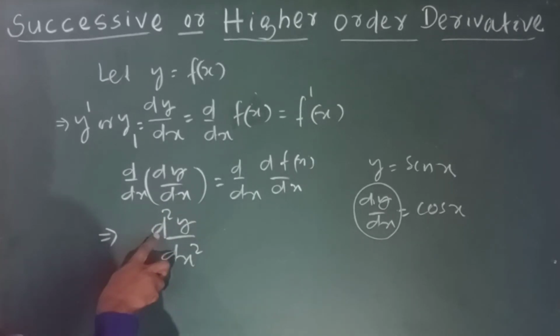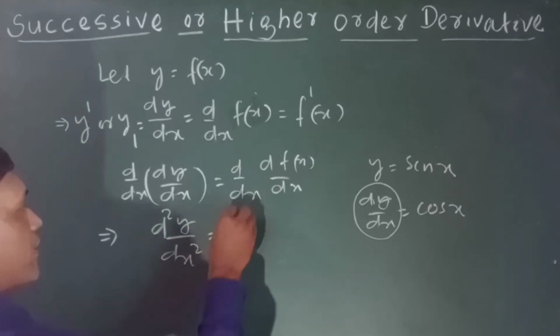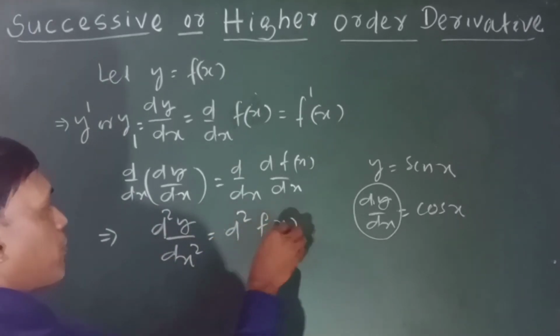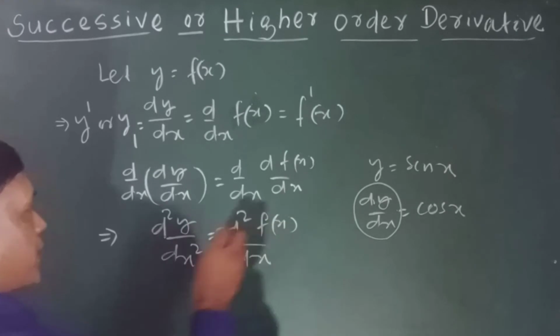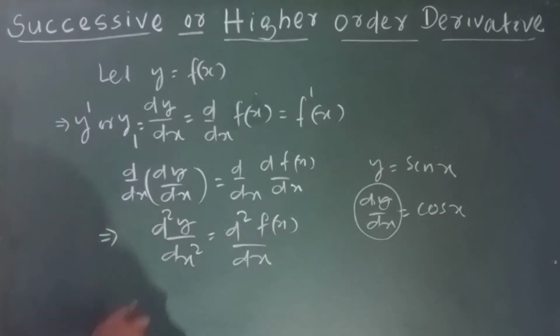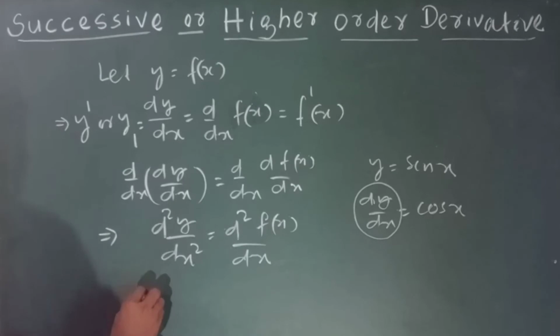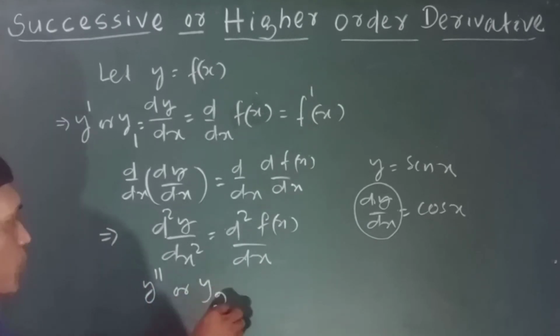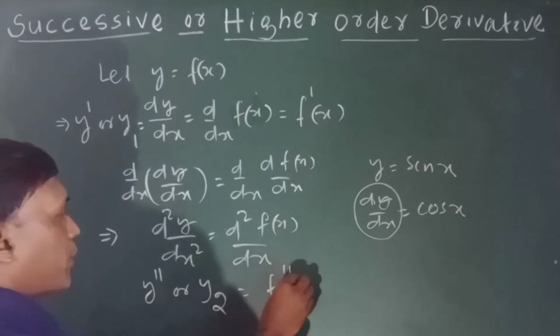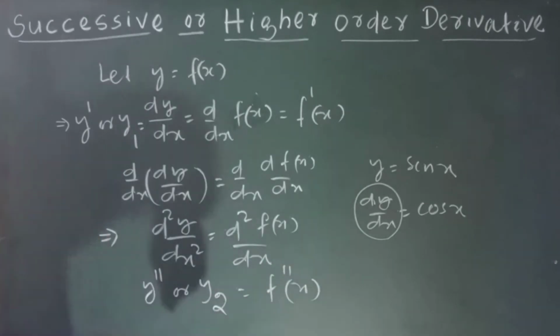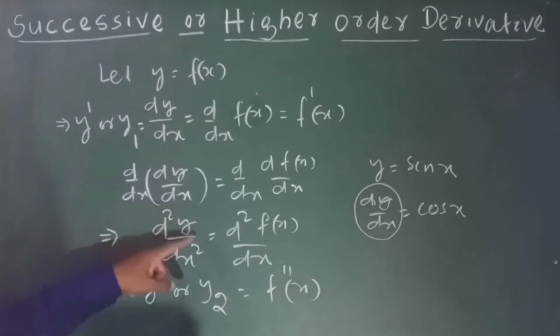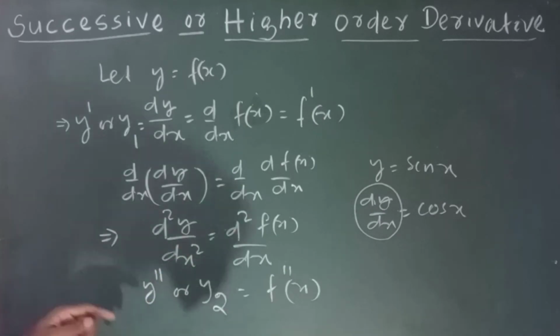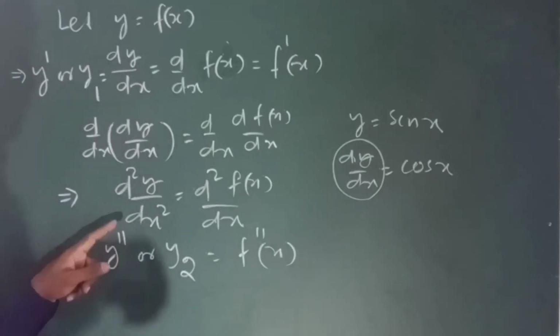That means the second derivative of y with respect to x, and this is d square of f of x with respect to x. And this also has symbols like this. This can be written as y double dash or y2, and this is f double dash x. Again, if d square y by dx square is a function, then we can take the derivative of this.